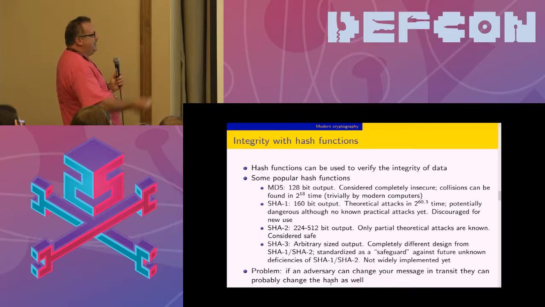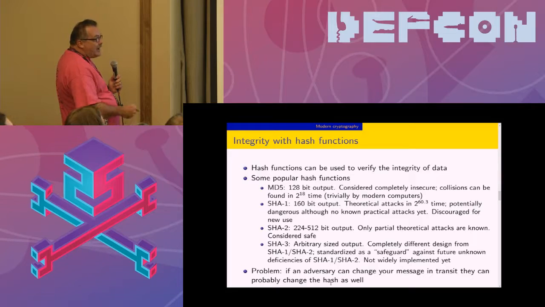MD5, obviously that one's gone. SHA-1, theoretically we could brute force attack it. Really no practical attacks yet, though. But because there are theoretical attacks, it's essentially getting deprecated. If you're smart, you're going to deprecate it.